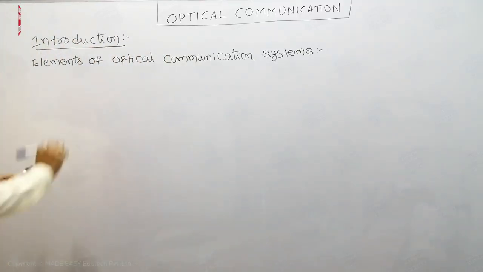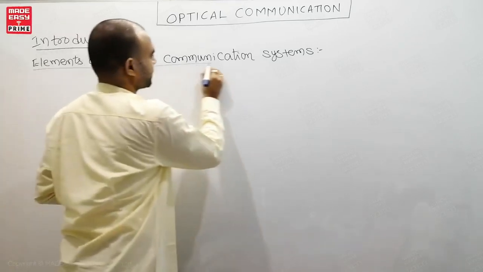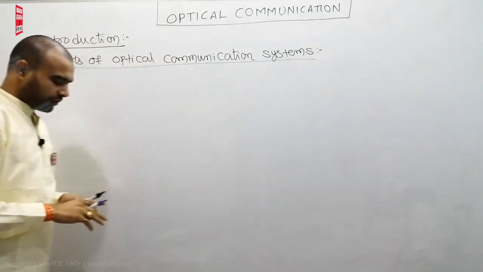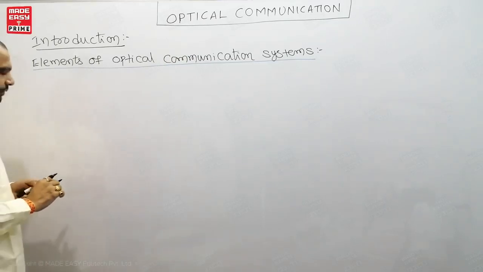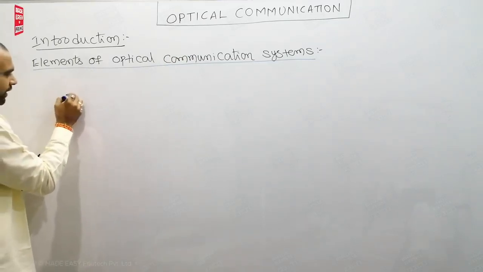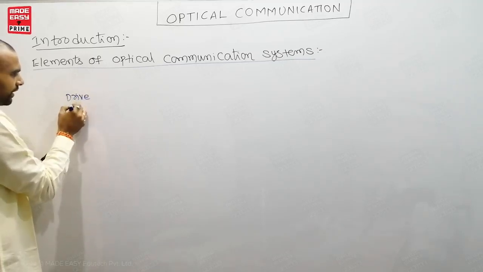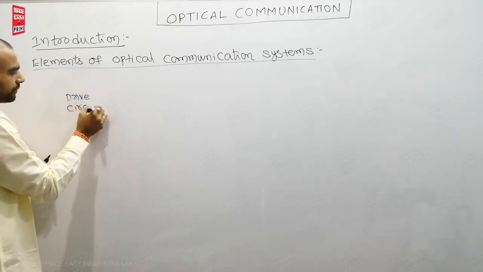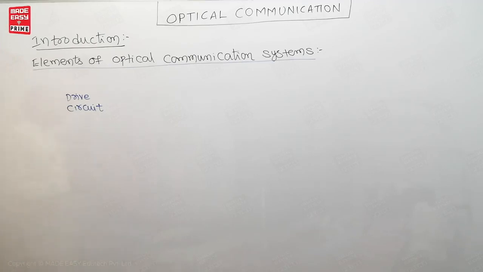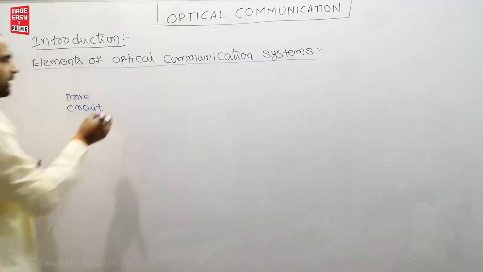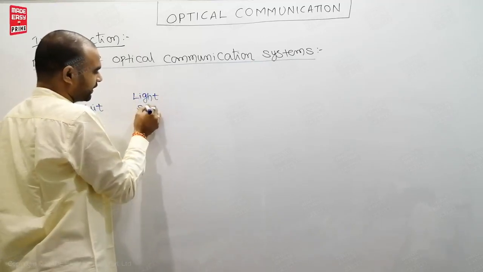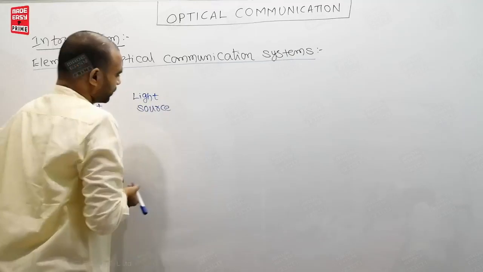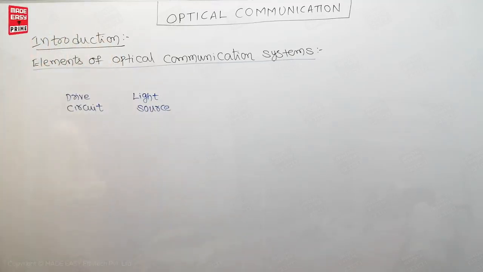So, elements of optical communication systems. The first block that we have is called the drive circuit. The second one is the light source.